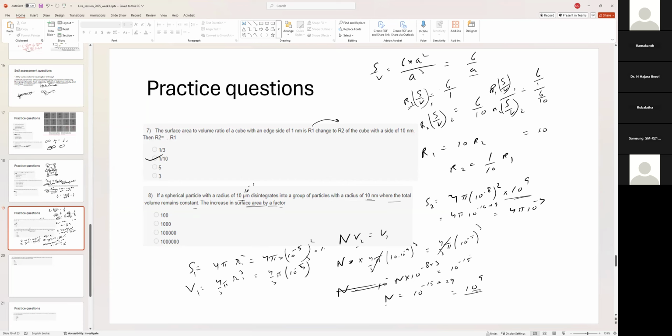S1 was 4 pi times 10 to the power minus 10. Taking the ratio S2 over S1, 4 pi cancels, 10 to the power minus 7 over 10 to the power minus 10 is 10 to the power 3. So 1,000 times.